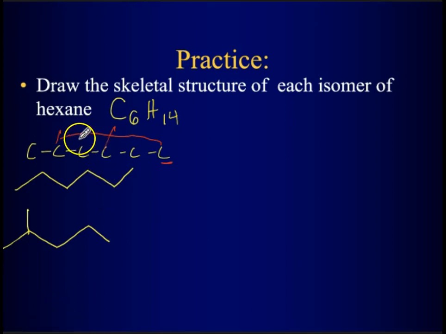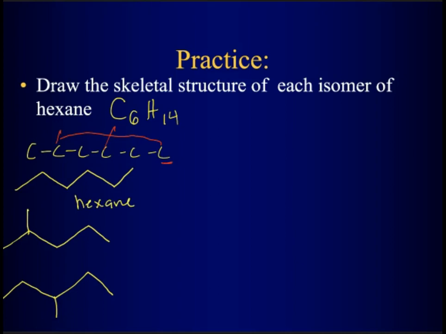Now I see I have another middle carbon, so I'm going to add this end carbon to the middle now. So it's 5 carbons again, 1, 2, 3, 4, 5. Now I'm going to add it to the middle. So I have another isomer. If I were to name each of these, the first one would be hexane.